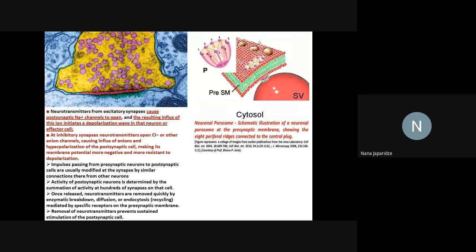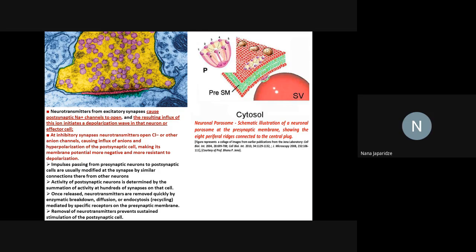So, two types of neurotransmission. One when the vesicles fuse fully with the presynaptic membrane and release their content, and then they have to be established again. And another one via the porosome complex. So look, this is the cytoplasm, cytosol here. This is the outside surface of the cell membrane.